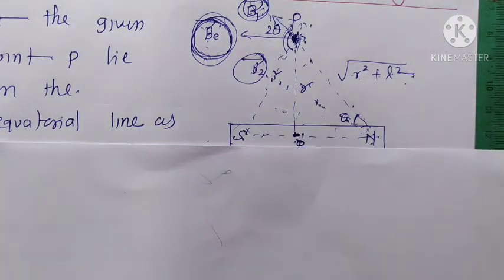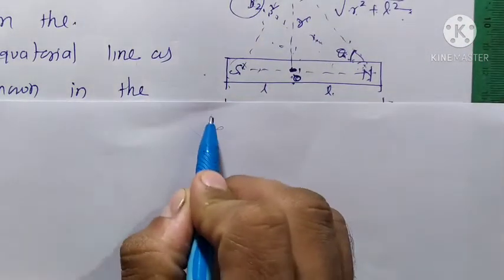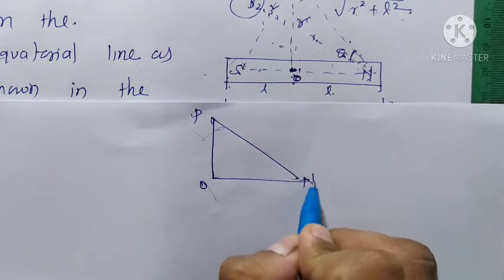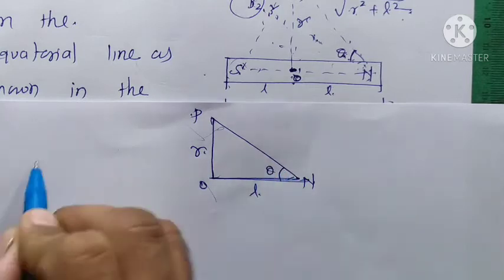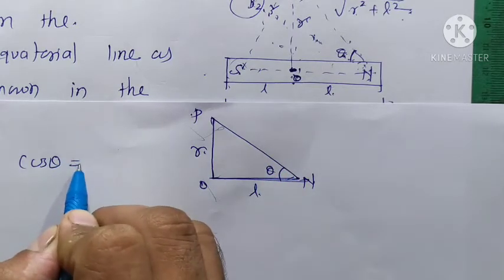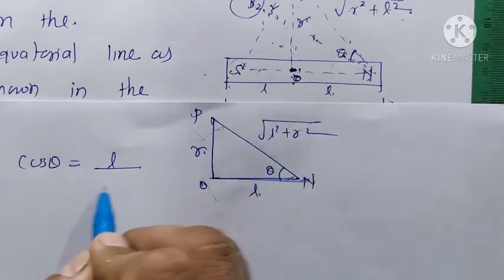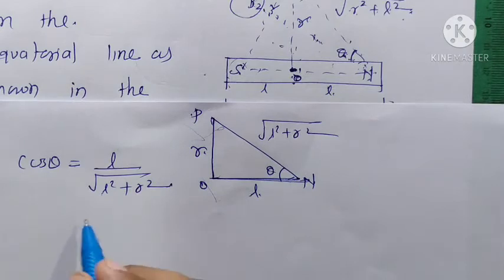You see that here, in this triangle P O N, this is length L, this is R and this is theta. So cos theta is equal to L upon under root L square plus R square. We use this formula.